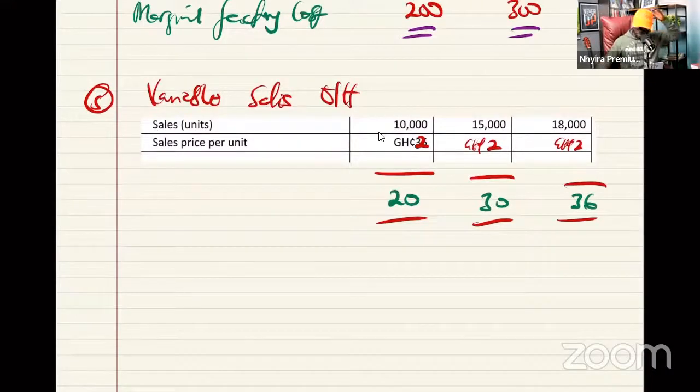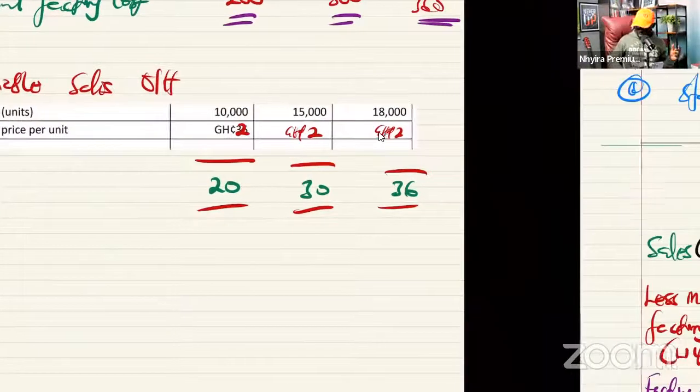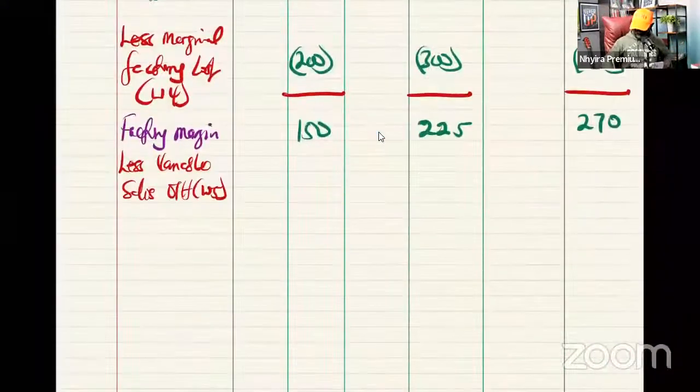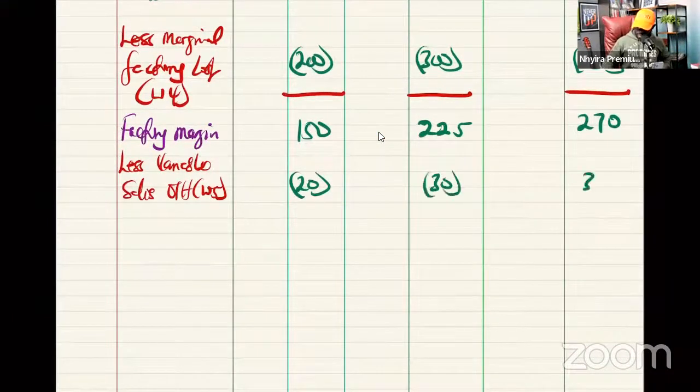Am I right? Yep. So that is workings 5: 20, 30, 36.